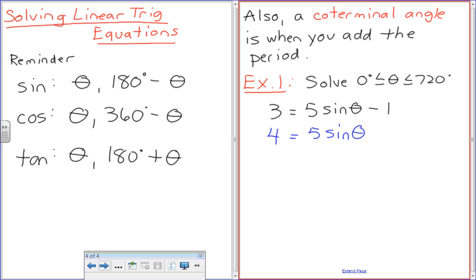Divide by 5 first. Okay? Divide by 5 first. I'm going to leave that as a fraction because I'm a math teacher and I don't like decimals. Madison, what's the next step to get theta by itself, please? Very good. So we're going to say sine inverse.